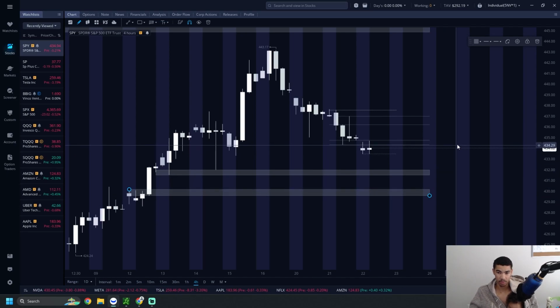SPY usually doesn't move more than $3, $4, sometimes $5 in a day. So with us having this $3 range that we could possibly see, I'm not gonna add too many more levels past this, because then we're just adding too much noise to the chart.